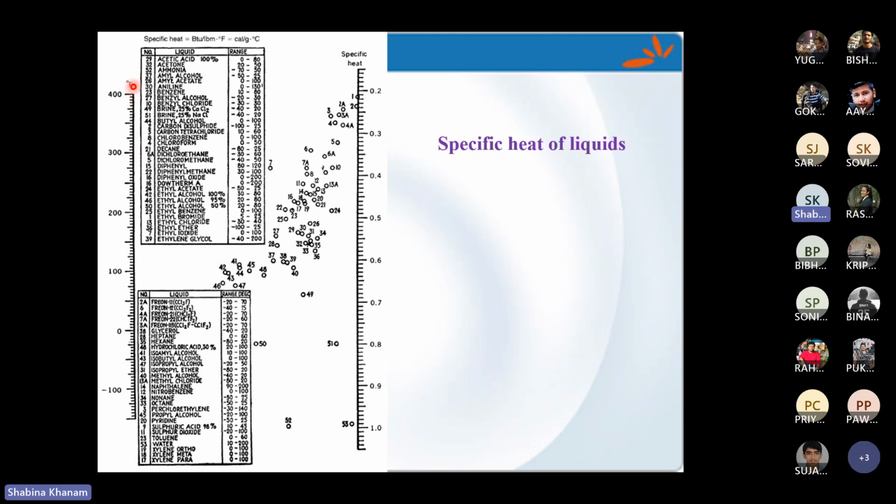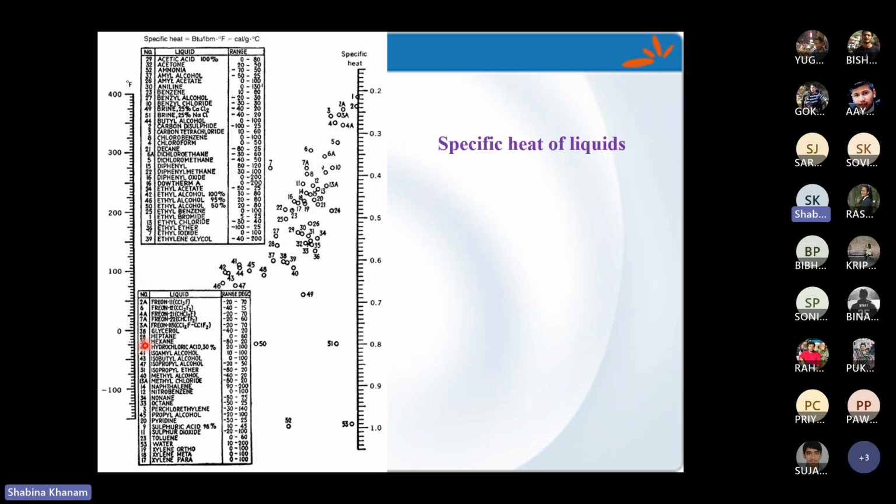The left scale is showing the temperature, as we have discussed in the viscosity, and the right scale is showing the specific heat in calories per gram degree Celsius. So if you consider any parameter, let's say hexane again.